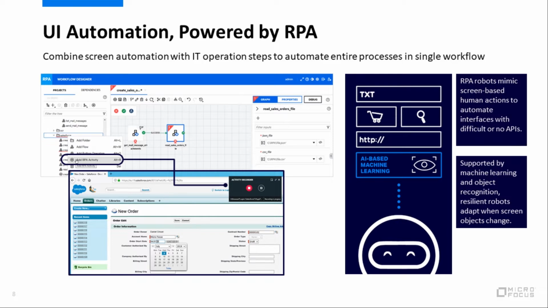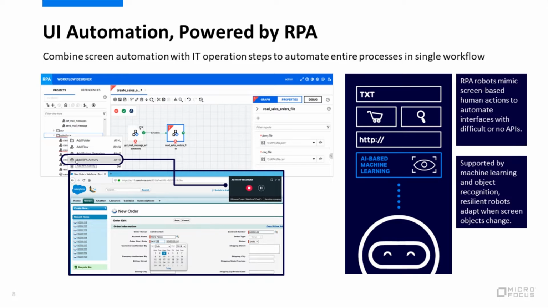So now you can put RPA robots to work on difficult to automate applications across the web, Windows, SAP, Java applications, and even mainframe applications. An RPA robot mimics screen-based human actions to perform repetitive tasks and automate interfaces with difficult or no APIs. They are perfect for processes that require human intervention this time.